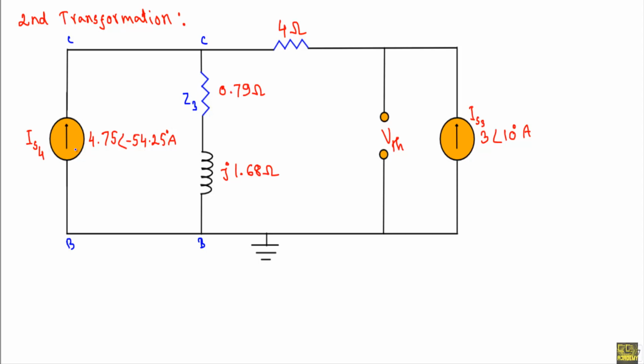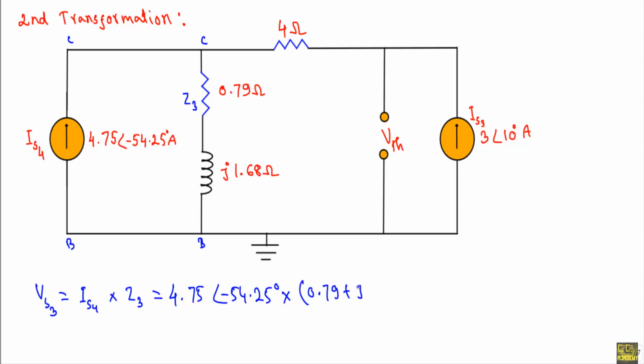I can convert this IS4 to a voltage source, let's say Vs3, using the source transformation theorem. Vs3 will be equal to IS4 times Z3. Here IS4 is 4.75 phase angle minus 54.25 degree and Z3 is equal to 0.79 plus J 1.68.